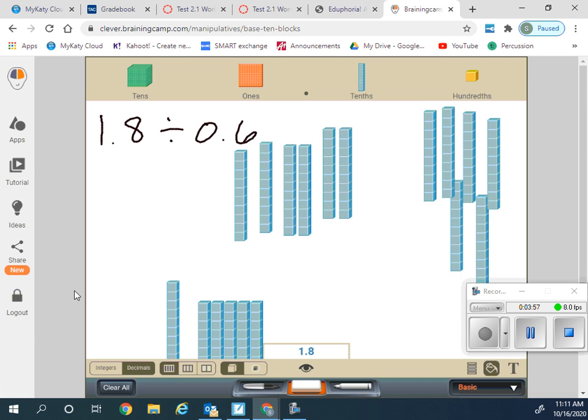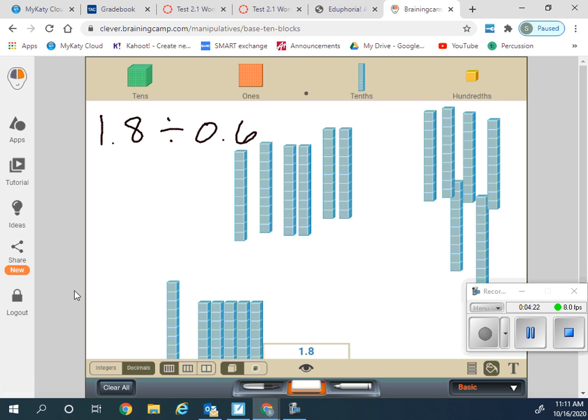Okay, so now how do I turn this visual into an answer? Well, hopefully you can see 1.8 is all the cubes on the screen. 0.6 is what? The number in each group, right?